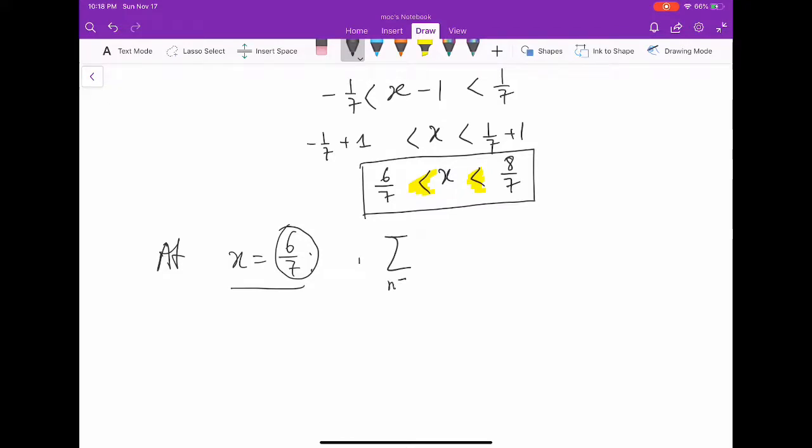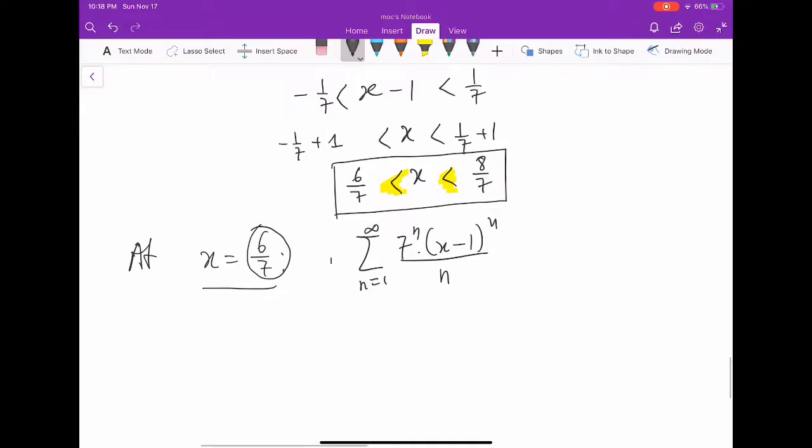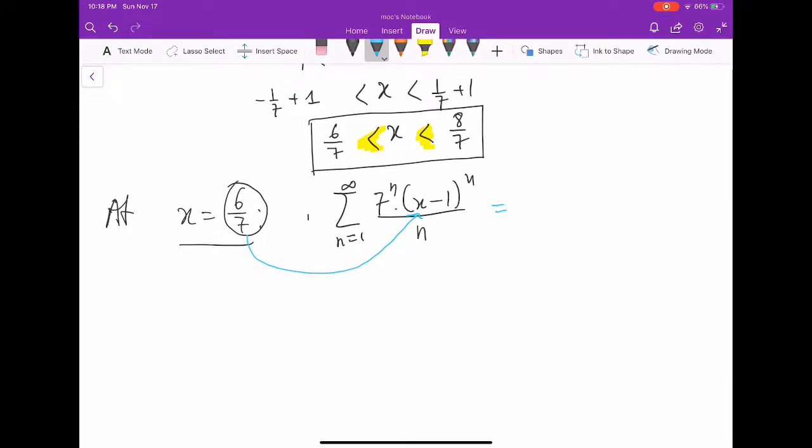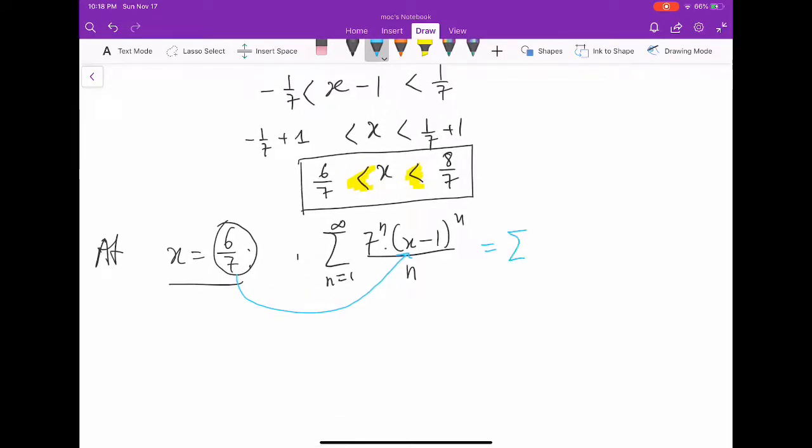That is the series from 1 to infinity, 7 to the n, x minus 1 to the n over n, right? So when you plug 6 over 7 into this, the series equals the series from 1 to infinity, 7 to the n, 6 over 7 minus 1 to the n over n.